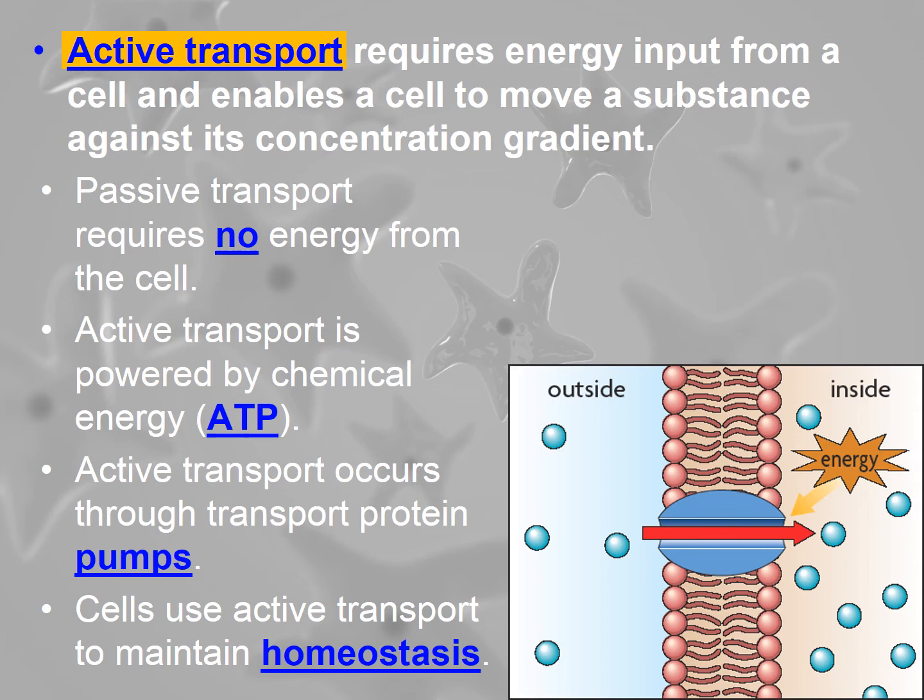You don't have to write that down, but just so you know, that's what ATP stands for. So active transport occurs through transport protein pumps. They're actual pumps that have to move things against the concentration gradient. And they have to use active transport to maintain homeostasis. Cells have to do this for certain things.